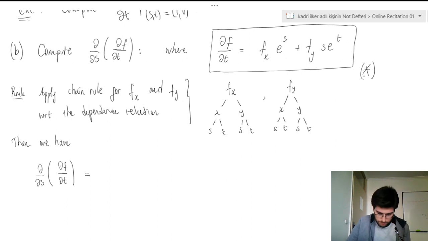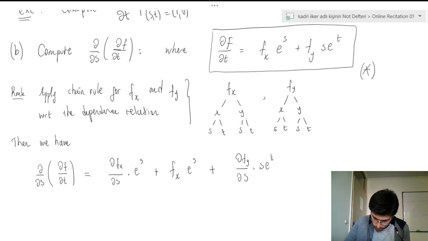So let's see. So first we have something like this times the second one plus, so I'm using the standard product rule. Then we have e to the s, because if you differentiate e to the s with respect to s, everything is fine. And plus, now we need something like this times s e to the t plus, don't touch the first one. If you differentiate the second one with respect to s, this is just e to the t.